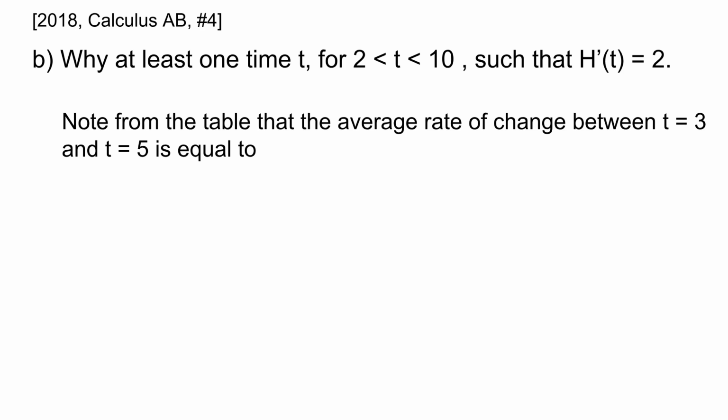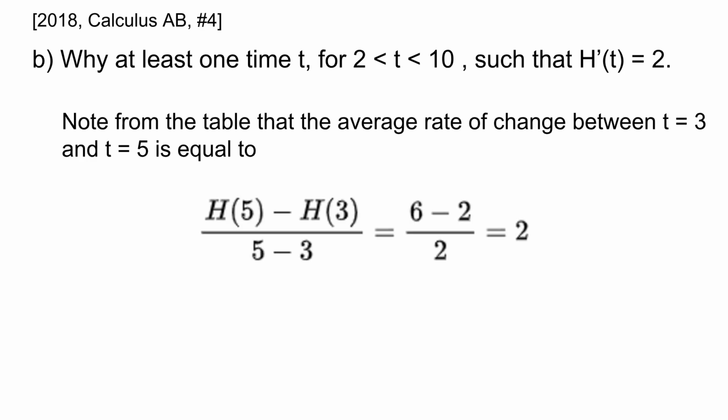So what we want to do is find some interval in the table, which is a subinterval of 2 to 10, where the average rate of change is 2, and we note from the table that the average rate of change between t equals 3 and t equals 5 is equal to the following. We have h of 5 minus h of 3 all over 5 minus 3, which is 6 minus 2 over 2, which is 4 over 2, which is equal to 2.